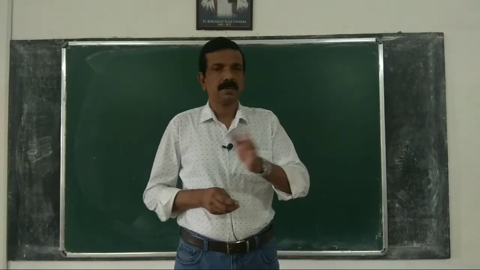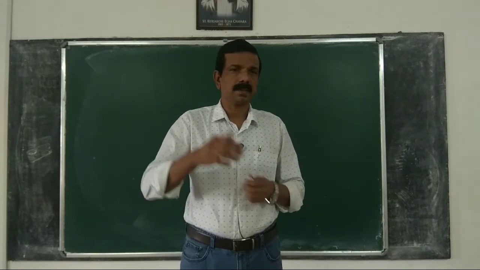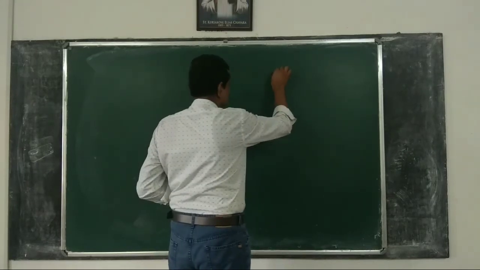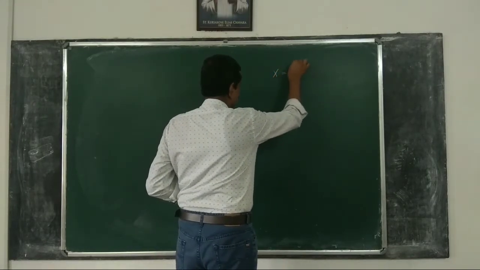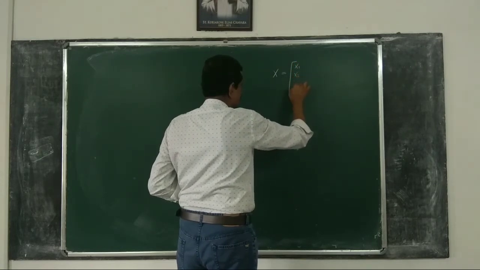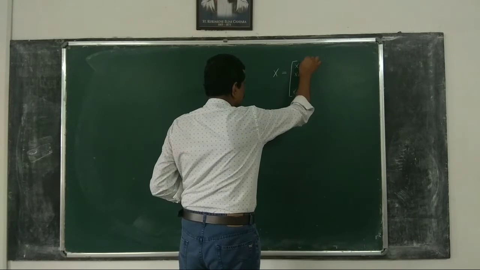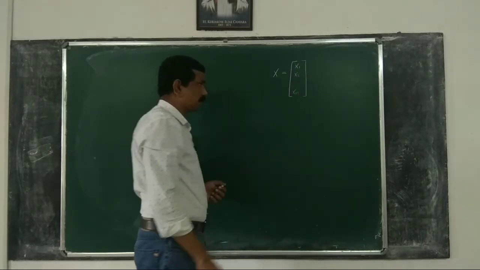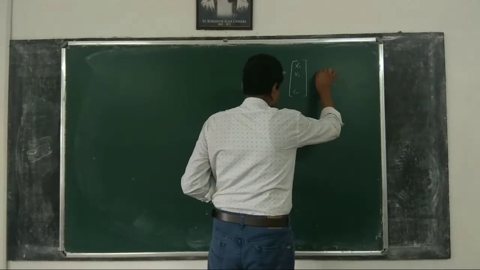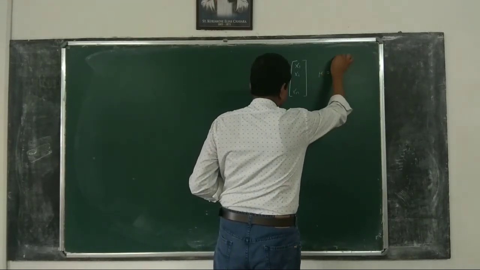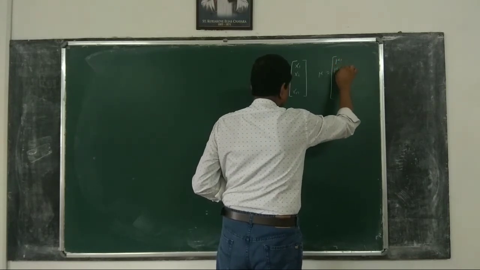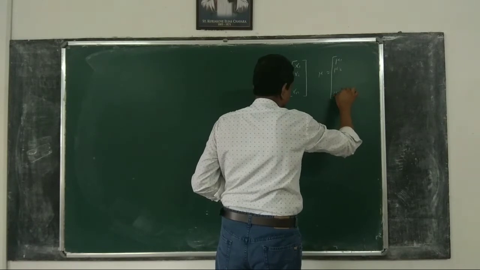And as we have seen in a previous class, if x is a vector of random variables x1, x2, etc., xn, then the mean vector mu is given as mu1, mu2, etc., mun.